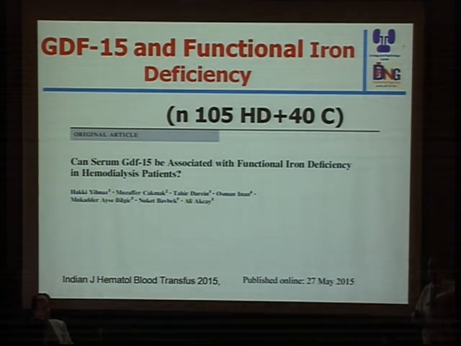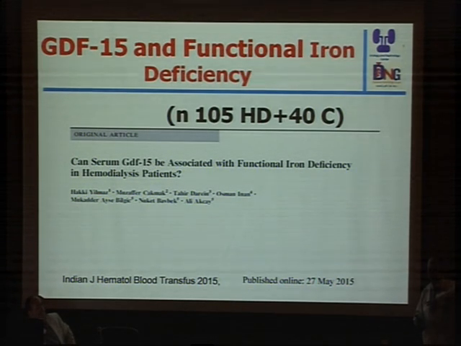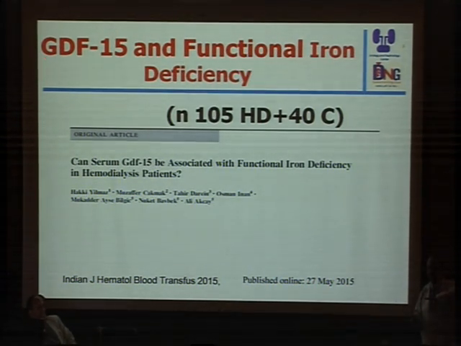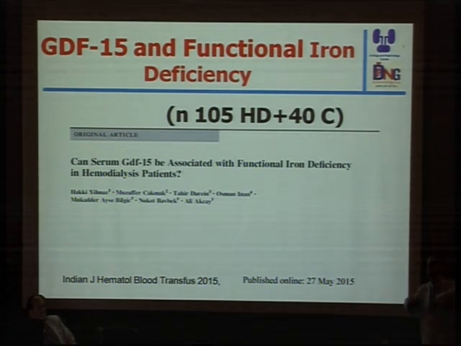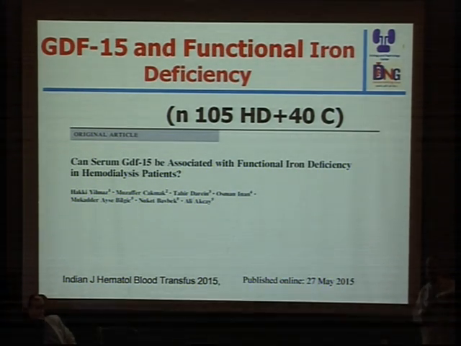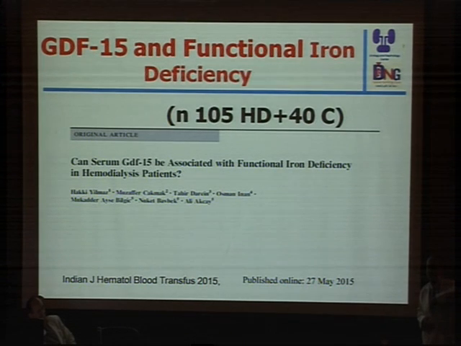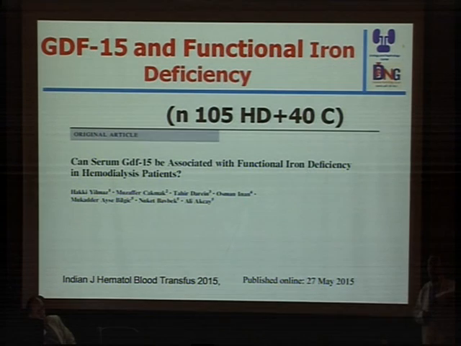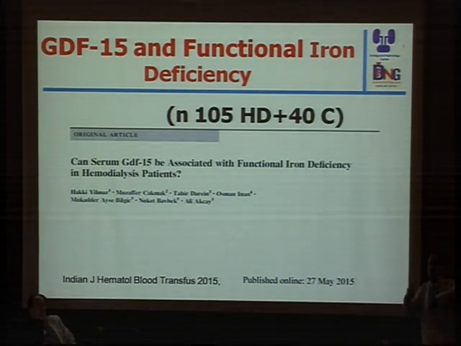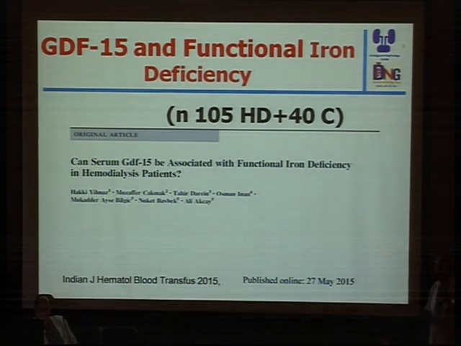I'm not going to discuss any advanced knowledge, because for hepcidin up to this moment there are no clear guidelines to measure it. It is a cytokine released from the liver. This is why it is HEP, and it decreases the bioavailability of iron. So it blocks iron absorption from the gut and blocks the release of iron from the reticuloendothelial system. So it opposes iron, and if it is high, it denotes inflammation.